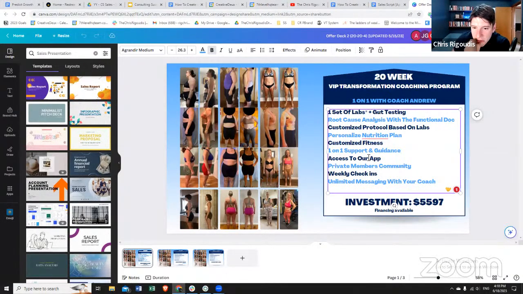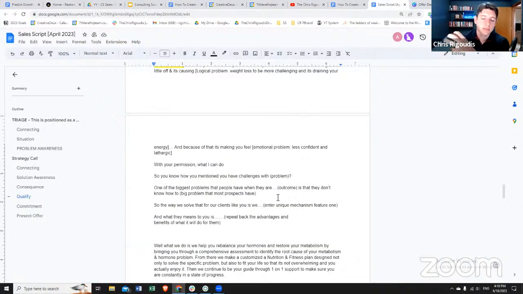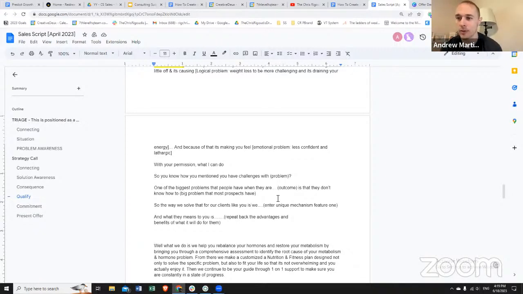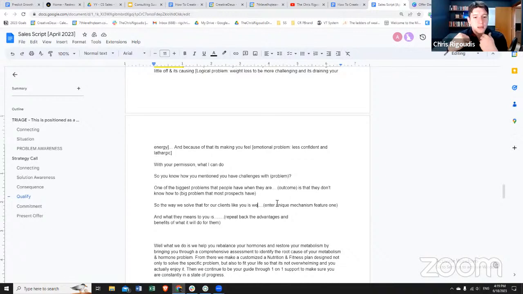Now, the way that you're going to structure your pillars, you want to start with the mechanism. Do they get access to the portal or any portal of any sort? There's weekly trainings that they do throughout the program, and they get access to our app, which is the portal essentially. Sweet. So: "The way we solve for our clients like you is, I'm going to take too long to write it out, I'm a little bit ADD as well, so I'm going to be all over the place, but you're going to have the recording.